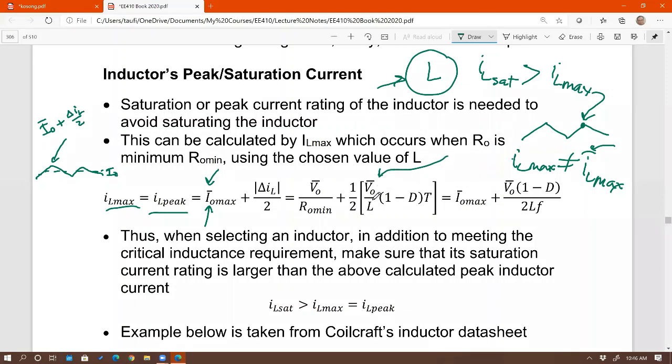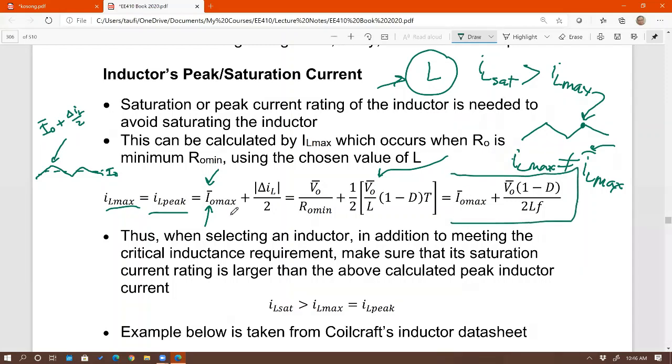Remember, VL on for a buck converter is equal to V in minus V out. To me, the fewer parameters you use in the equation, the better. That's why I like to use T off for buck, because we only need V out. So here's the equation for IL max.